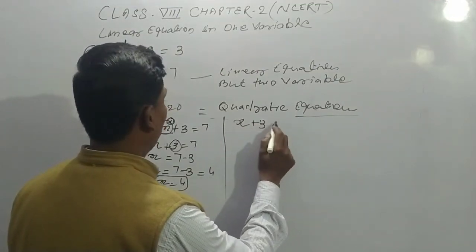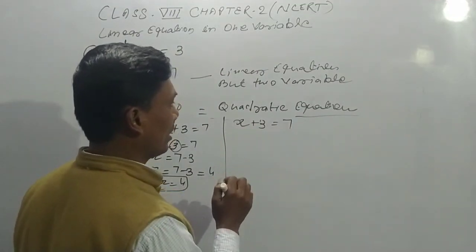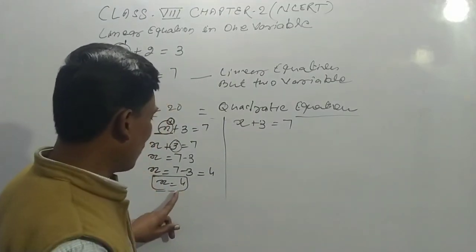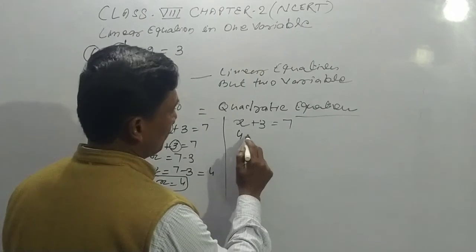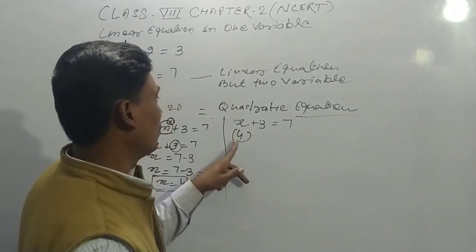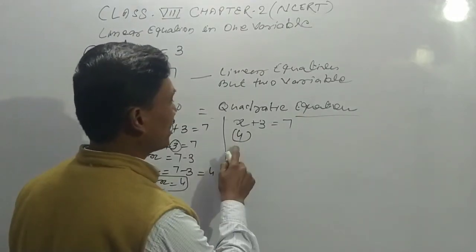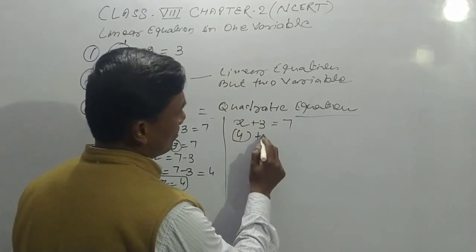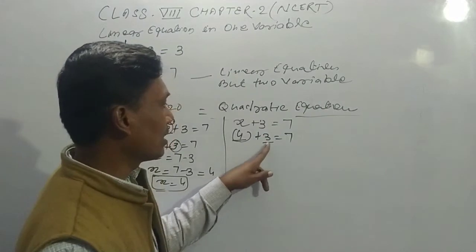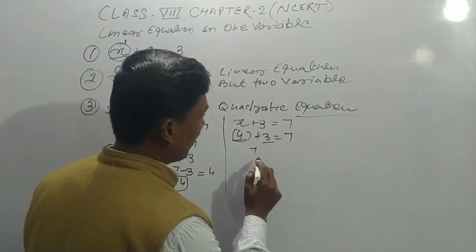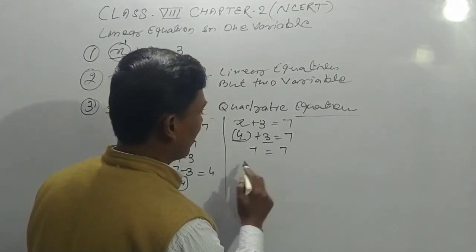The equation is x plus 3 is equal to 7. We found the value of variable x is 4. Then we put the value x is 4 in place of x in x plus 3 is equal to 7. The sum of 4 plus 3 always gives 7, and 7.